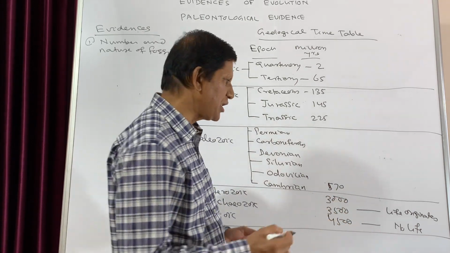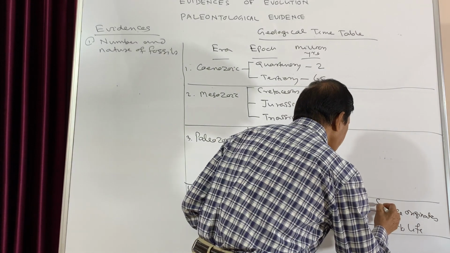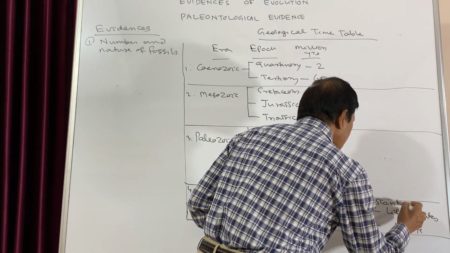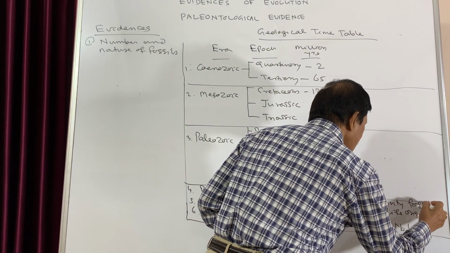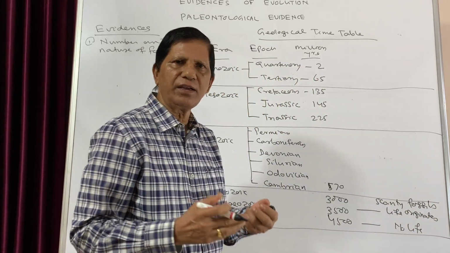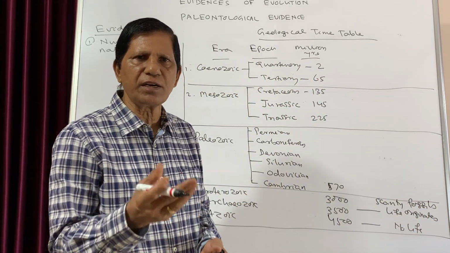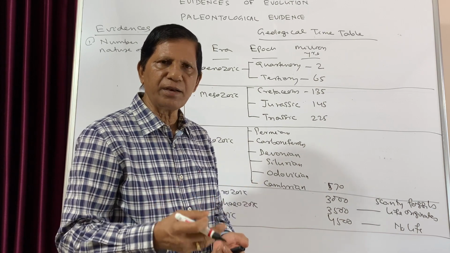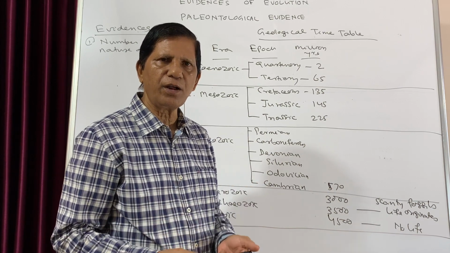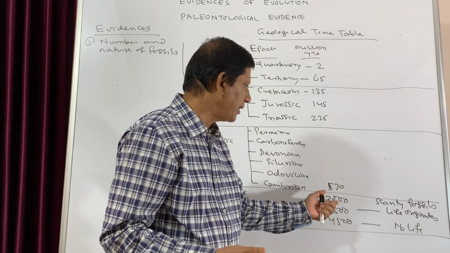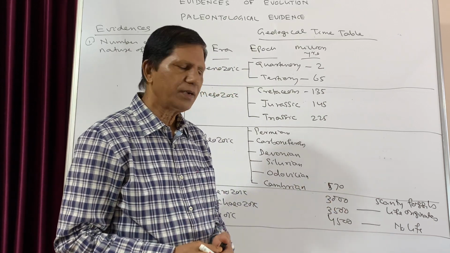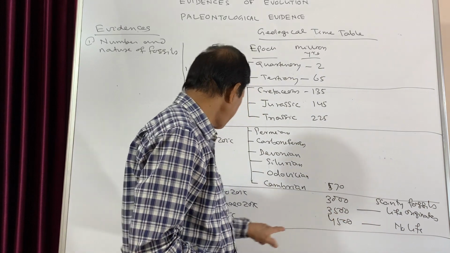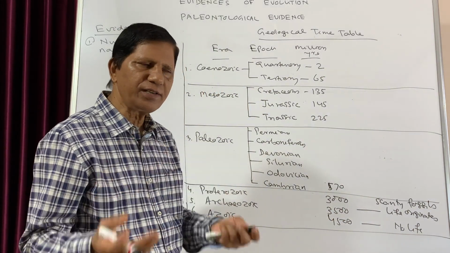That means the fossils were very scanty, very few in number, because the organisms were not formed at that time. Only certain prokaryotes and certain primitive plants and animals. Very primitive. Finally, in Archaeozoic, there is no evidence of fossils.